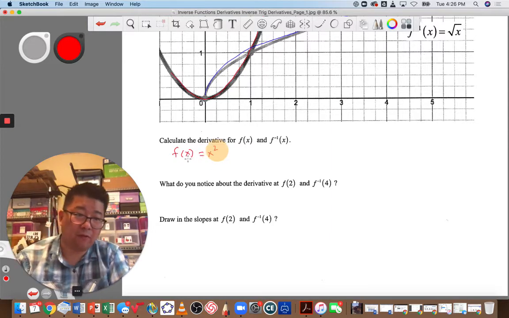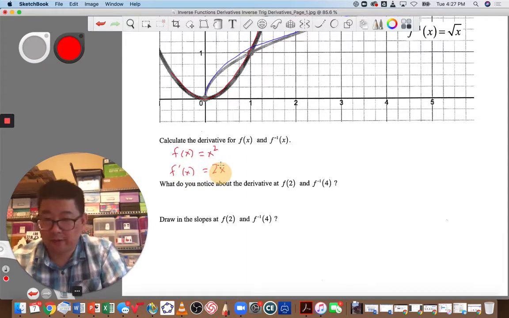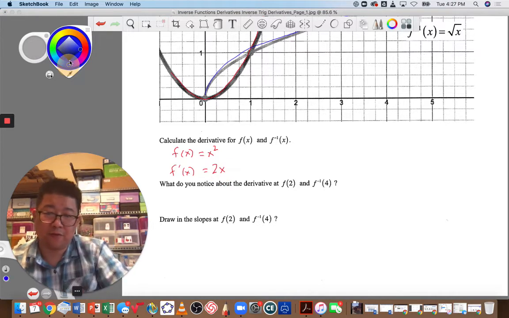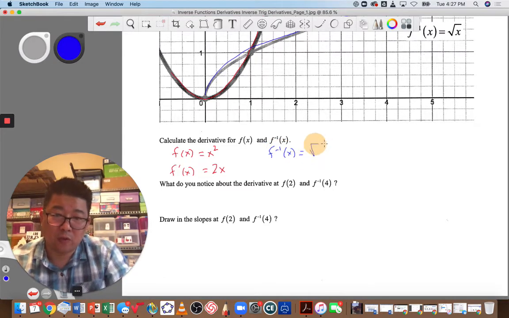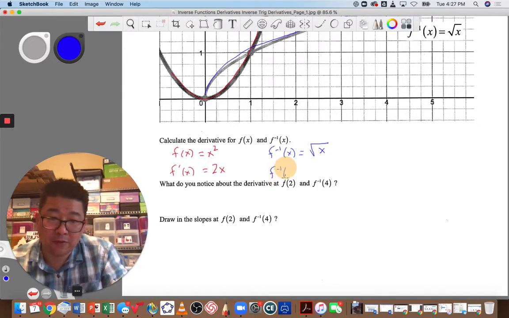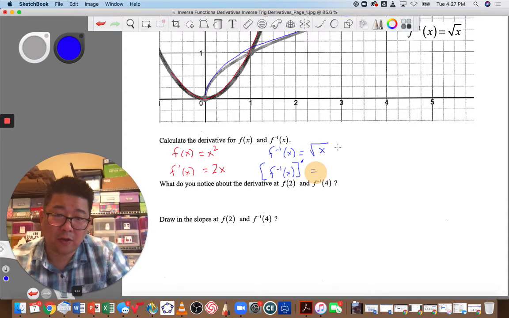So therefore, f prime of x, the formula for the slope, should be 2x. No surprise there. Now for the inverse function, f inverse of x is equal to the square root of x, so the derivative, f inverse prime of x, is the derivative of x to the 1/2.